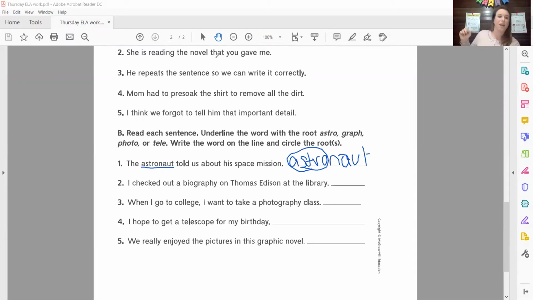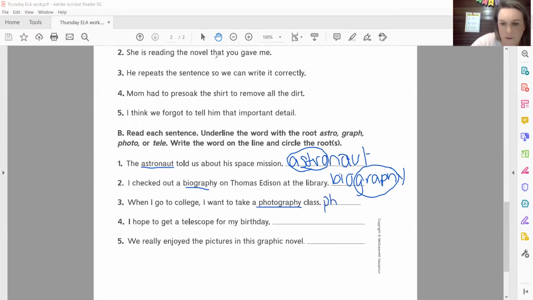There you go. Then we had biography. It said, write the word on the line and circle the roots. So, biography, and the root was graph. All right. When I go to college, I want to take photography.